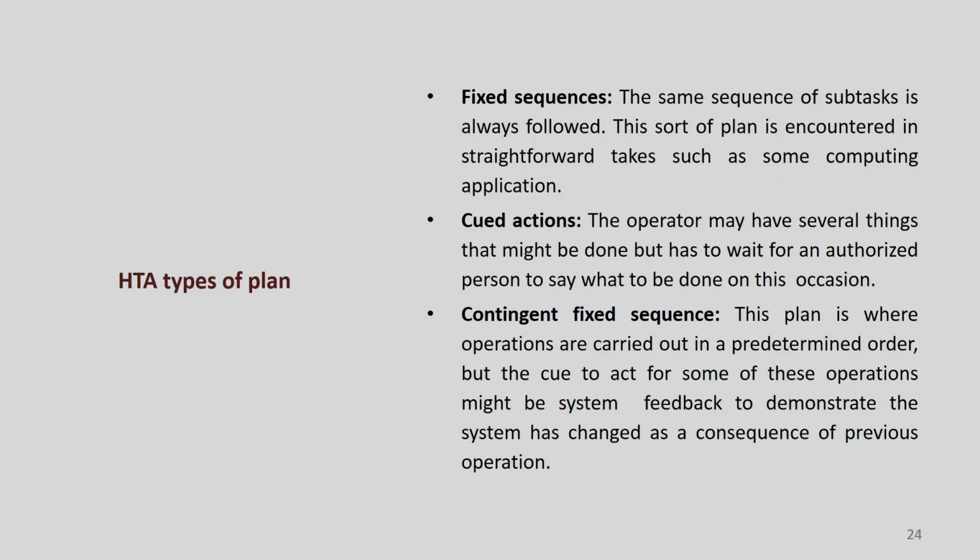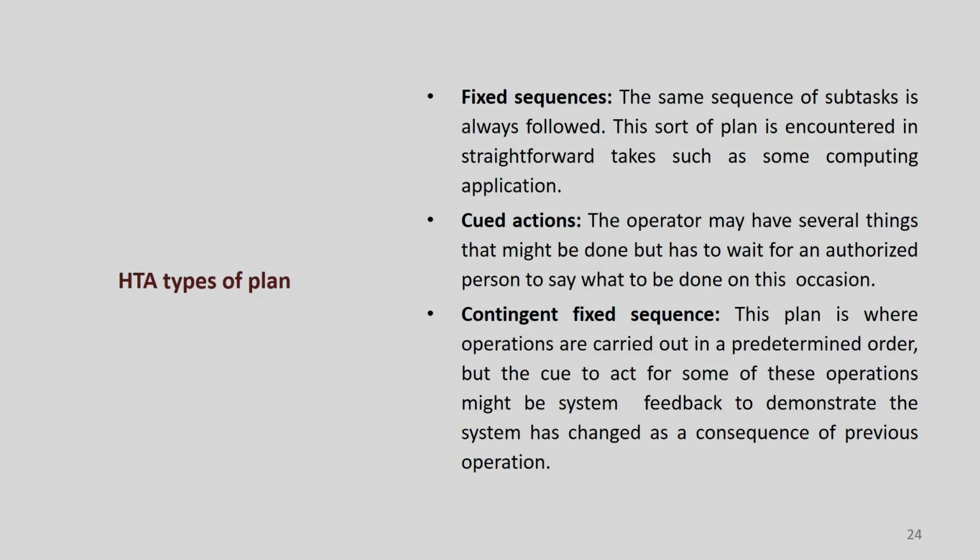The operator may have several things that might be done, but has to wait for an authorized person to say what is to be done on this occasion. I cannot take the decision myself; I am waiting for someone to say yes, you do this. So that is queued: I am waiting for someone's command.